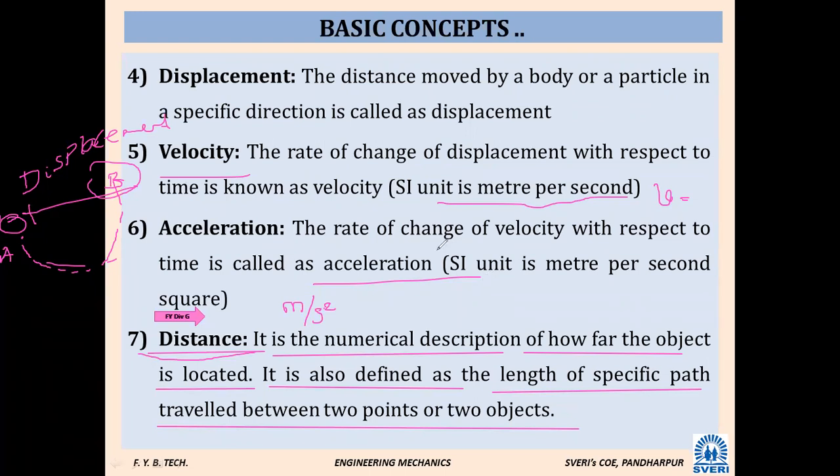Now I will ask one small doubt. Can you tell me what is the SI unit for the displacement? Meter. Yes, good. SI unit of displacement is meter. When you come to velocity, this is d by dt of displacement, the rate of change of displacement, and its SI unit is meter per second.